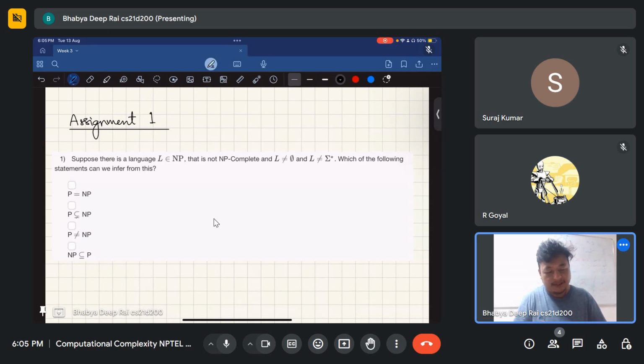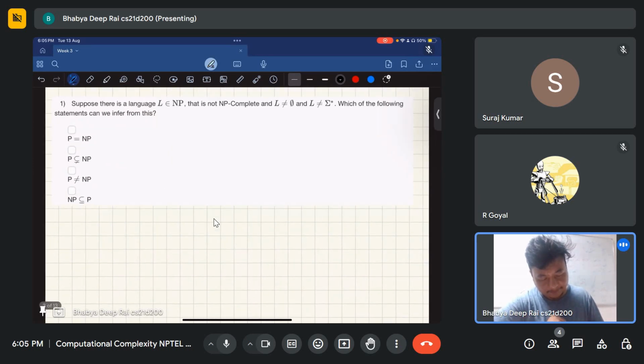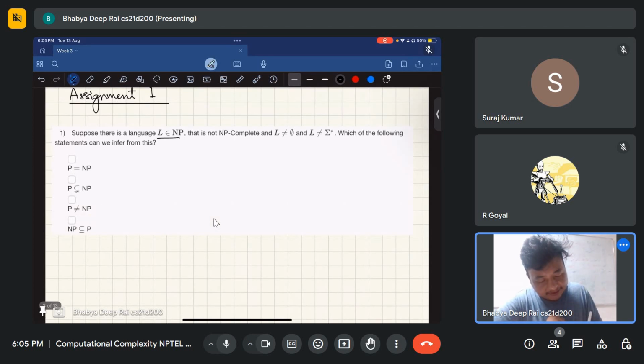Suppose there is a language L in NP that is not NP complete, and L is not equal to phi, and L is not equal to sigma. Which of the following statements can be inferred from this? Let me show it to you.